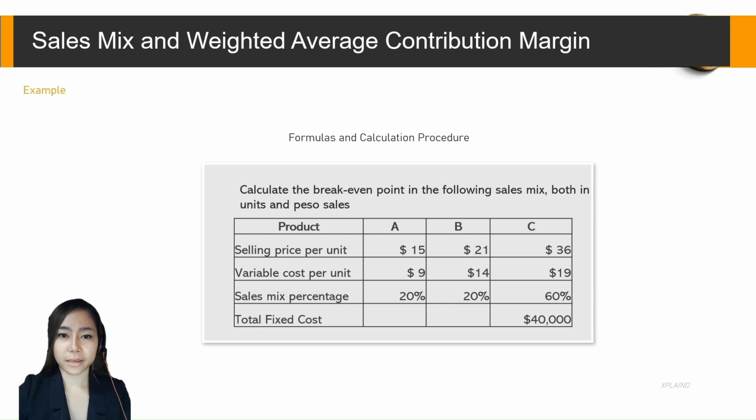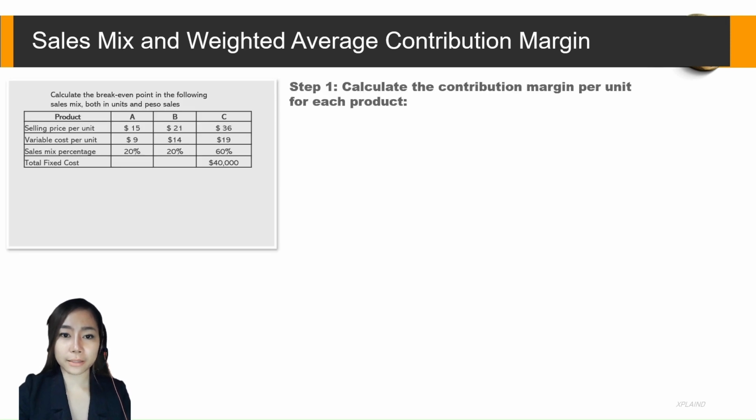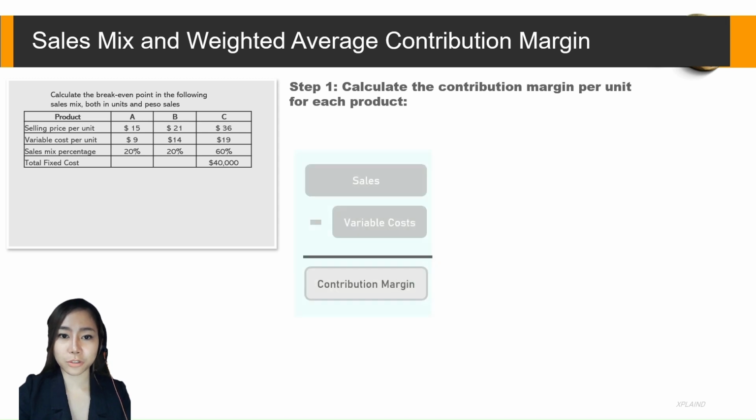So let's try. So we have the selling price per unit, variable cost per unit, the sales mix percentage, and the total fixed cost. So step one, you calculate the contribution margin per unit for each product. Remember, the contribution margin formula is sales minus variable cost equals contribution margin, right? So let's get the contribution margin for the three products.